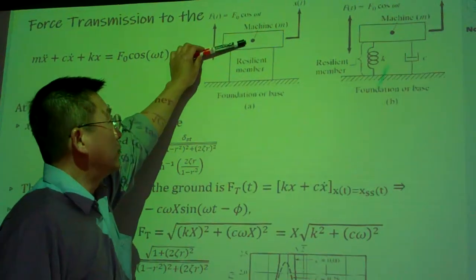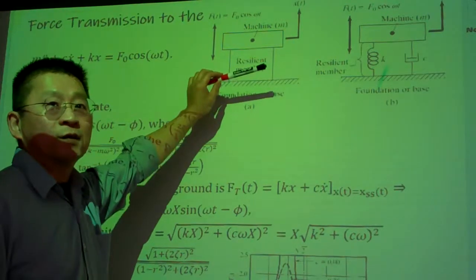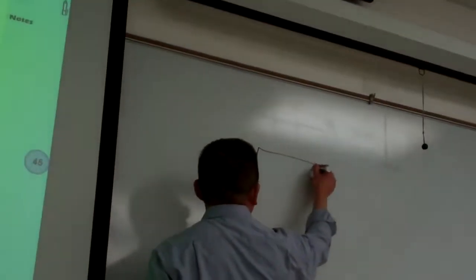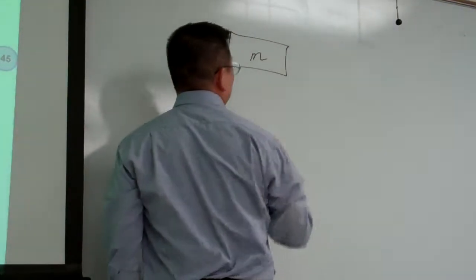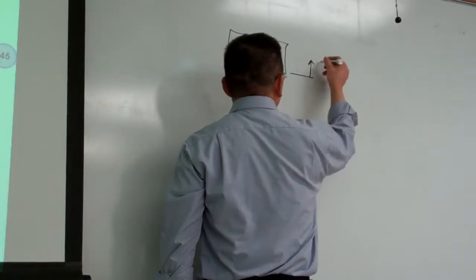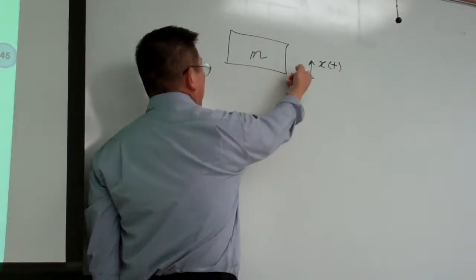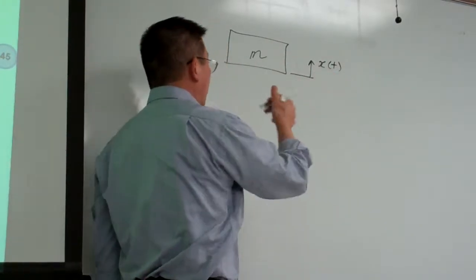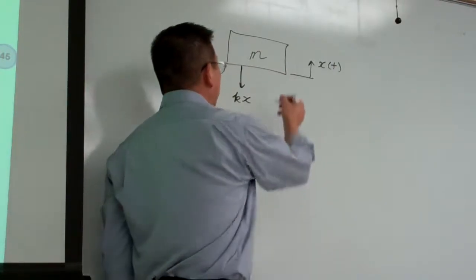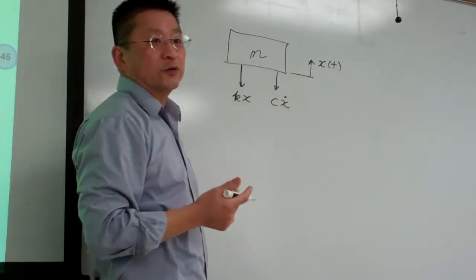Okay, when the machine is operating, it is going to produce force. And how much is that force? You can see if this is a mass block or the machine by itself, when it is vibrating under a single degree of freedom, due to the displacement of the mass block, a spring force is produced, and this is the damping force being produced.